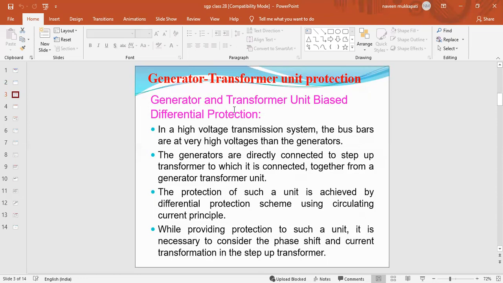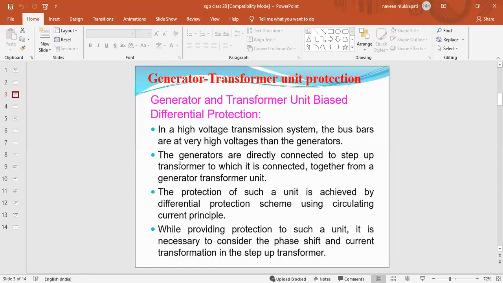In high voltage transmission systems, the bus bar voltages are very high compared to the generators. Therefore, the generators are directly connected to the step-up transformers, and together they form a generator transformer unit.